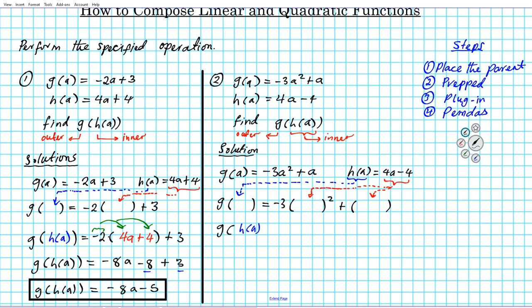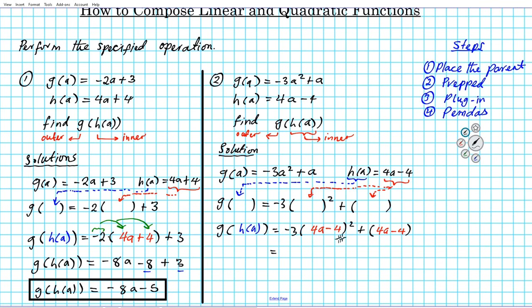All right, equals negative 3. Now we're going to put the value of the input function, inner function, in both spots. So we have 4a minus 4. Don't forget that square, quantity square, plus, and then we have 4a minus 4. Okay, so now just PEMDAS this to simplify.